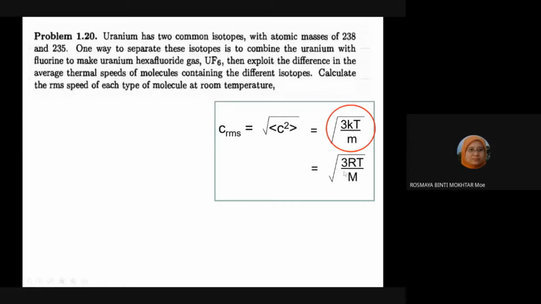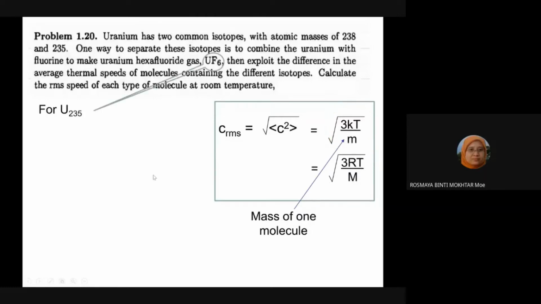You can choose either one, but for this example, we choose the square root of 3kT per m. Remember again, this small m is the mass for one molecule. The capital letter M is for molar mass. I have repeated this many times already.